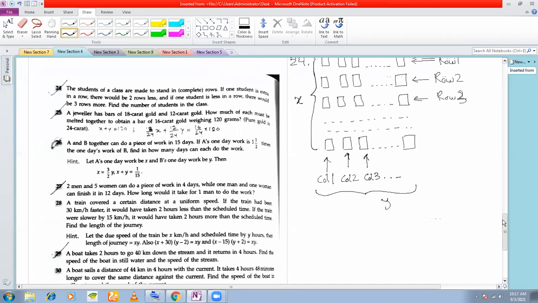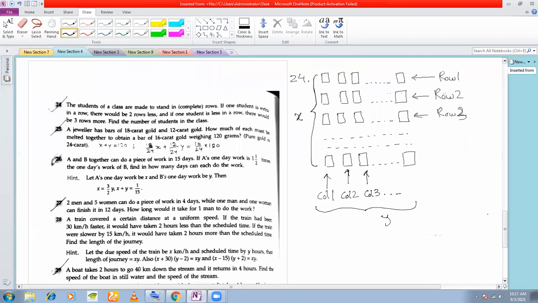right? So how many students are there? Total number of students? Can you tell me how many students are there? Anyone? So X into Y. X into Y, exactly.